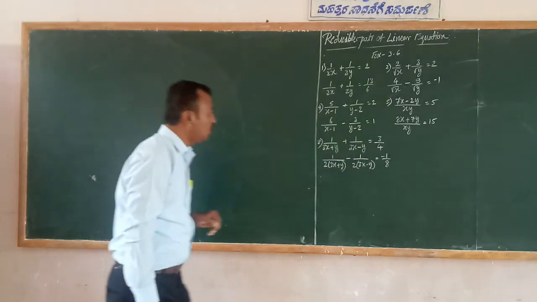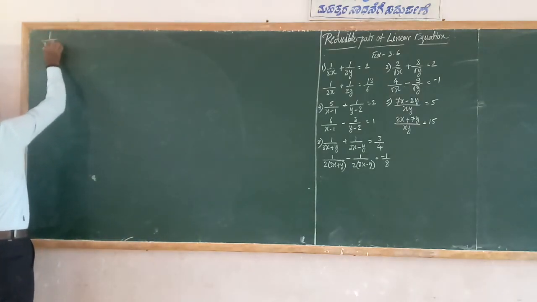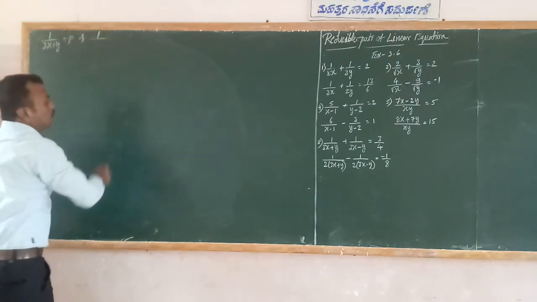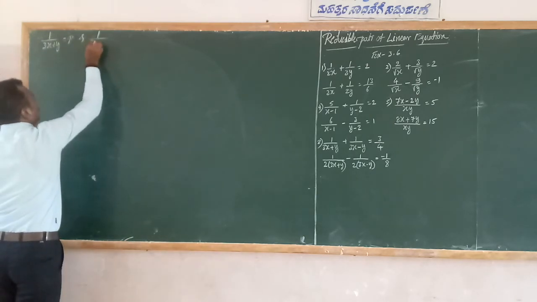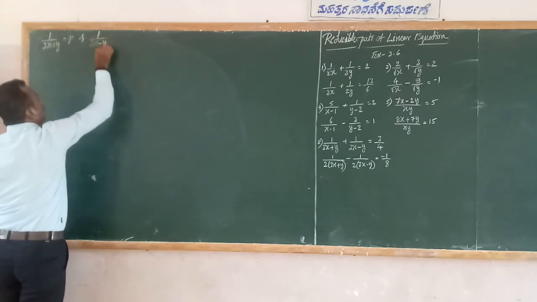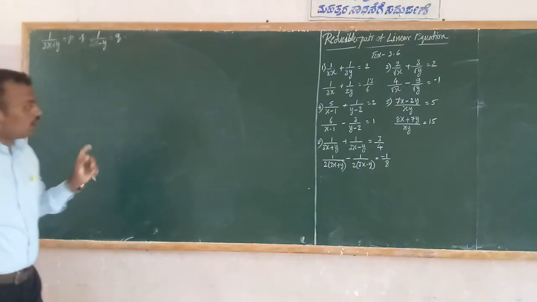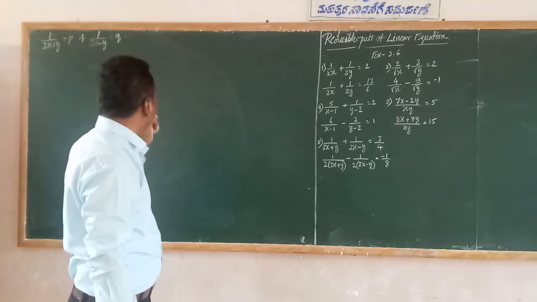So now consider 1 upon 3x plus y is equal to p, and 1 upon 3x minus y is equal to q. Now I have to apply that: 1 upon 3x plus y instead of p, 1 upon 3x minus y instead of q.